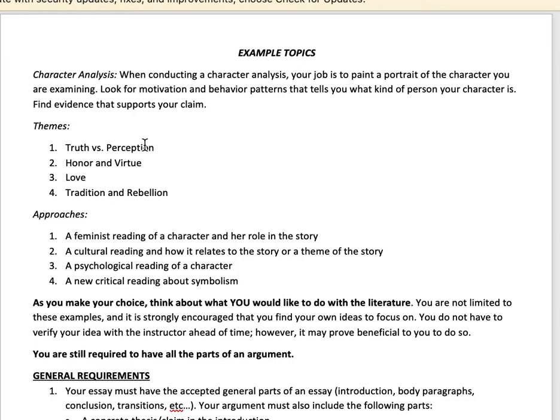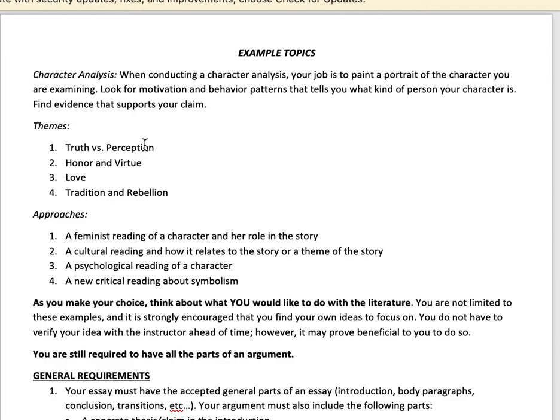So you may be talking about, say, the wife in the story. You may want to look at her character and argue that she is in fact the antagonist. She is actually the one who is guilty, and show that through particular quotes or pieces of evidence or observations that are made about her character throughout the story.